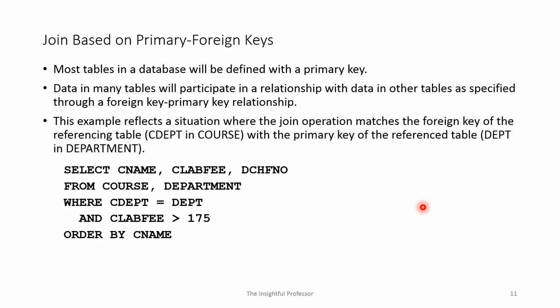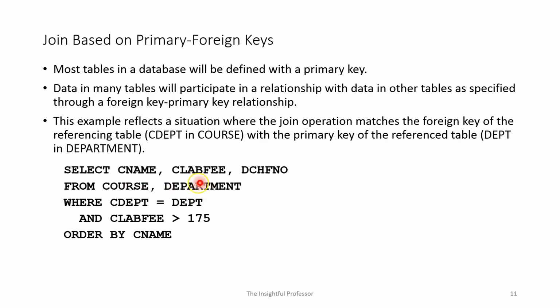Now, to make it even more practical, we kind of turn it up a notch and go one step further here. What we're going to do is join rows from the course table with rows from the department table. The reason I say we're kind of turning it up a notch is that there's a parent-child relationship here.